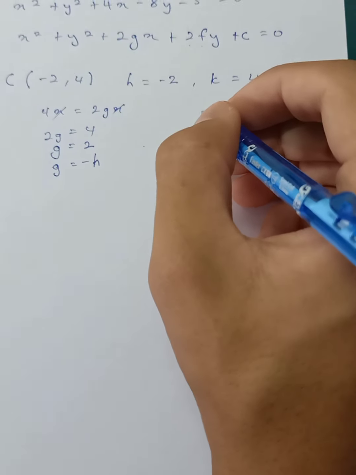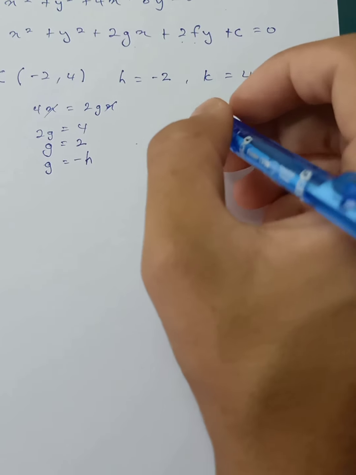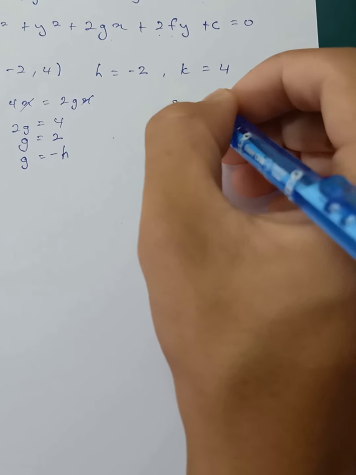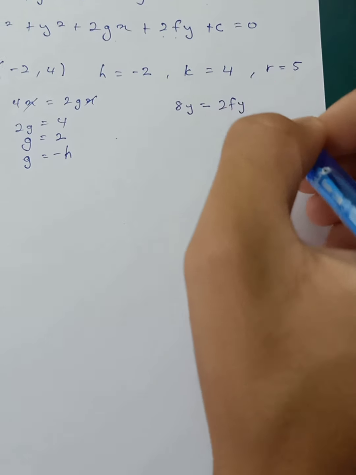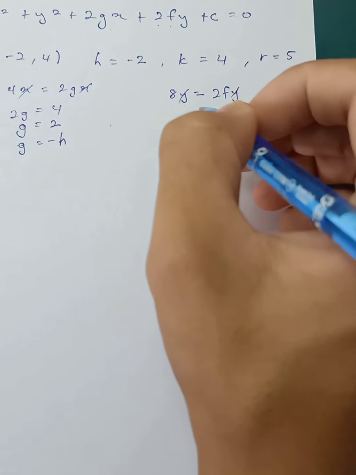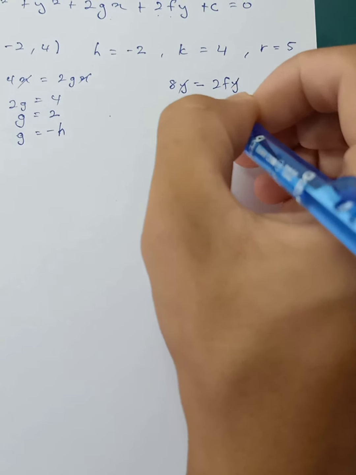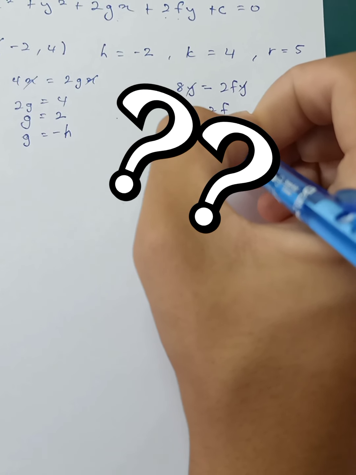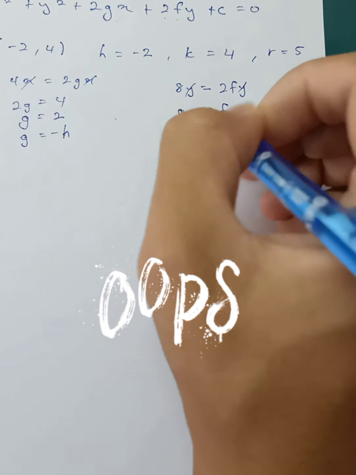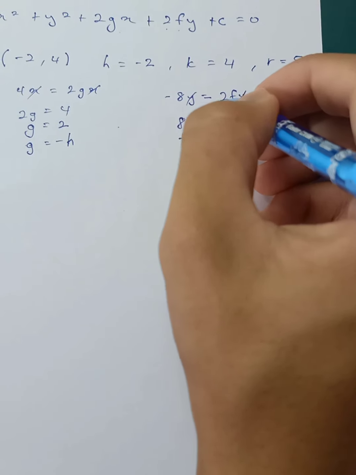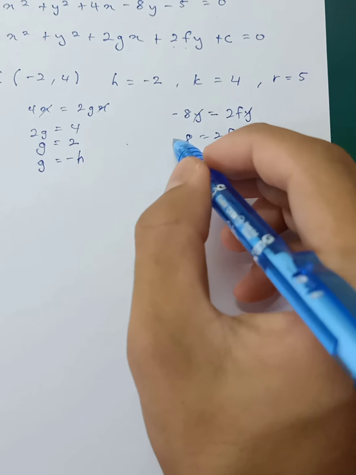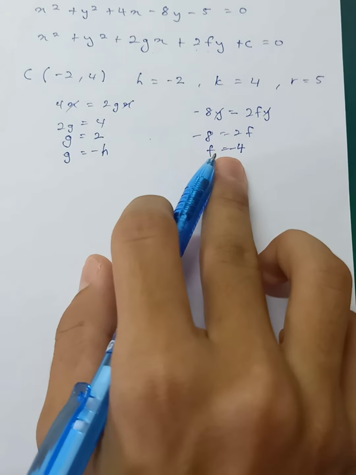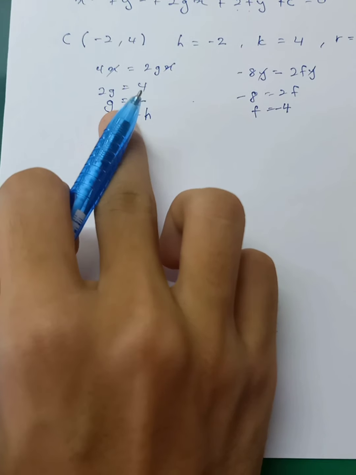So negative 8 equal to 2f, and f is negative 4. Alright, so f is negative 4 and g is 2.